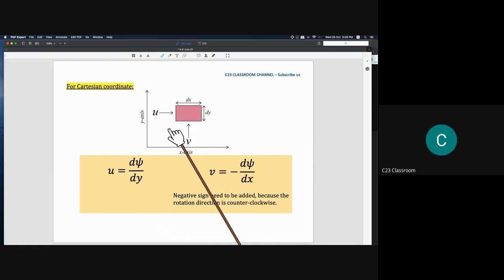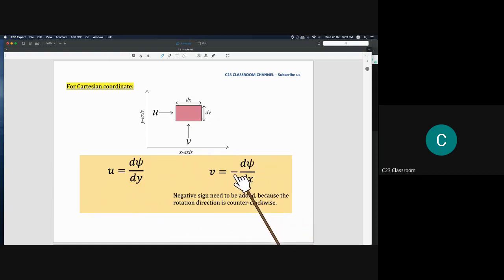And the second one is the common calculation because it is only for 2D. For V here, the velocity V is equal to negative d psi, meaning the flow rate that flows through this cross-sectional area divided by its cross-sectional area, which is dx times 1 unit of width. Okay, why do we put a negative here?